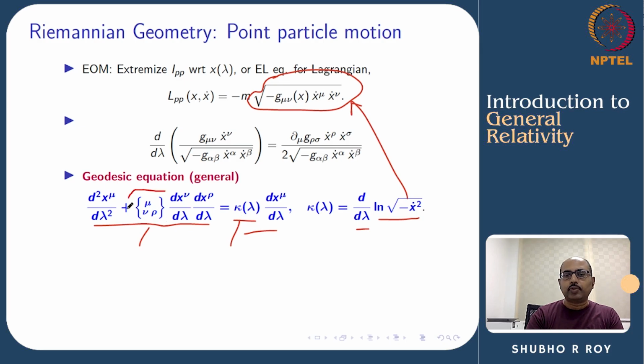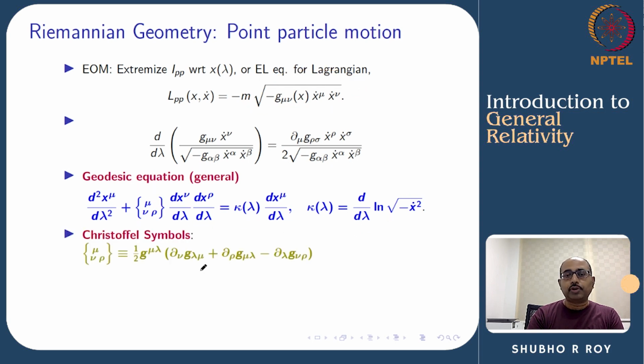Now, what is this quantity which has weird looking curly brackets, no alphabet, but indices, mu as a subscript, nu and rho, and a superscript mu? These are the so-called Christoffel symbols. They are defined to be quantities which depend on the first derivative of the metric, and the inverse metric. Technically speaking, some people would say these are Christoffel symbols of the second kind, but I'm not going to observe the distinction.